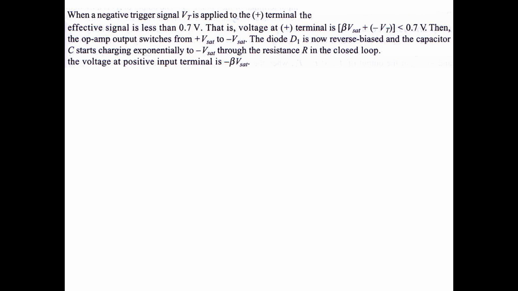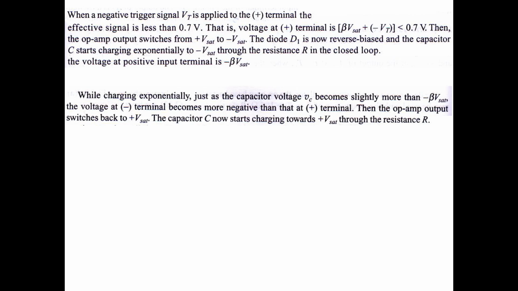The diode is now reverse biased and the capacitor C starts charging exponentially to minus V saturation through the resistance R in the closed loop. The voltage at positive input terminal is minus beta V sat.